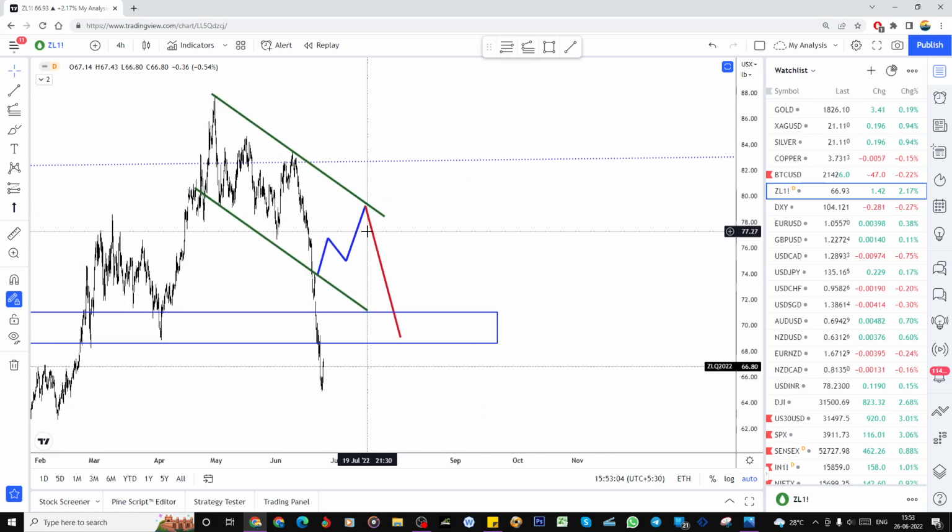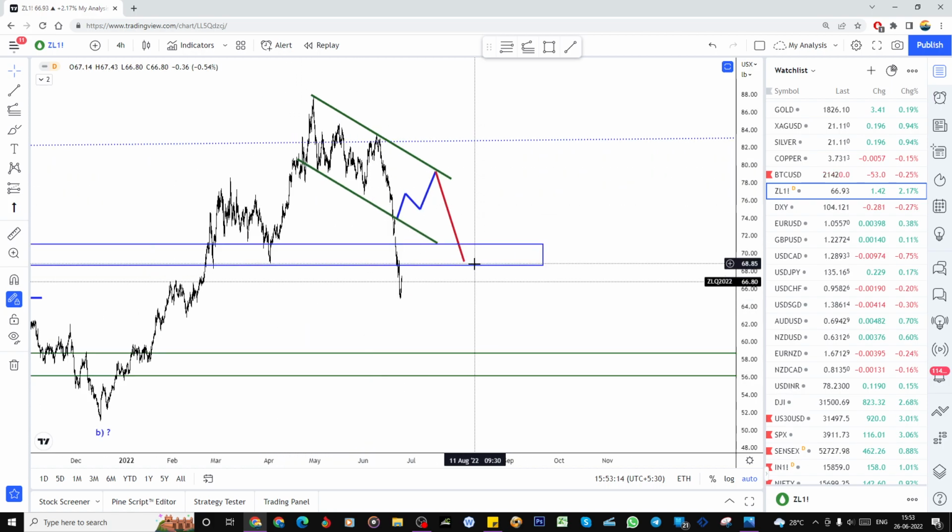I explained clearly, I'm expecting this one, but no need to be in the buy side, we need to be in the sell side. And my target I already gave, 69, it's already reached. But in that case, if we were expecting, we would have missed. It is not yet reached also, but before that the target got reached.